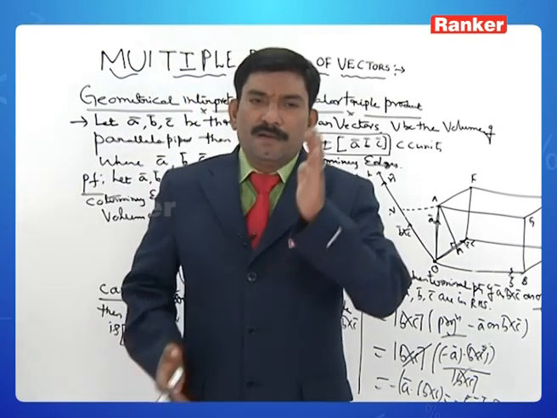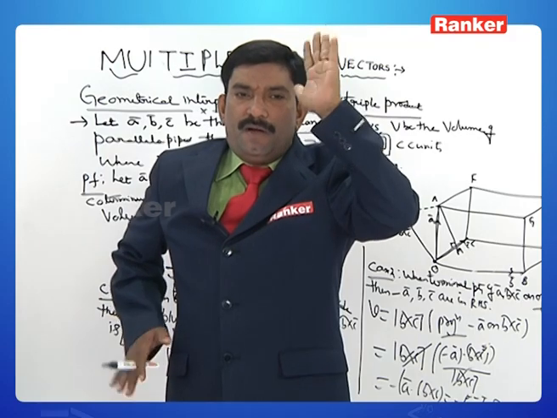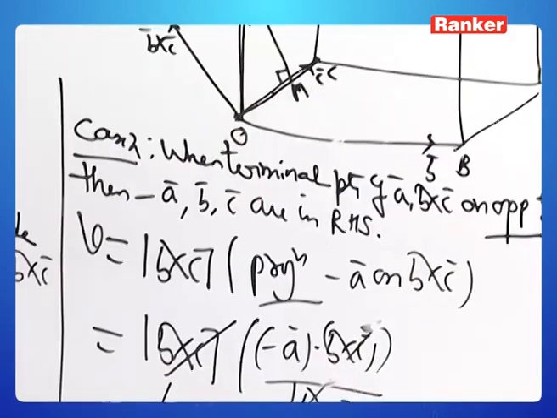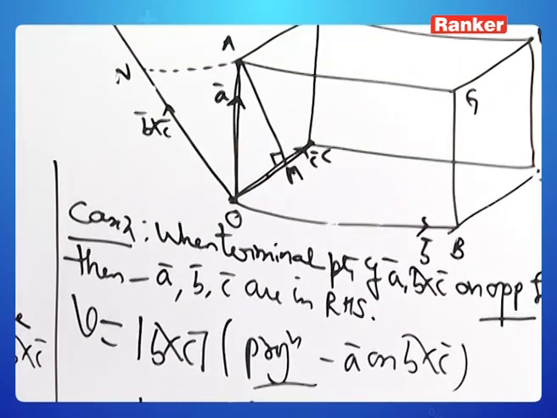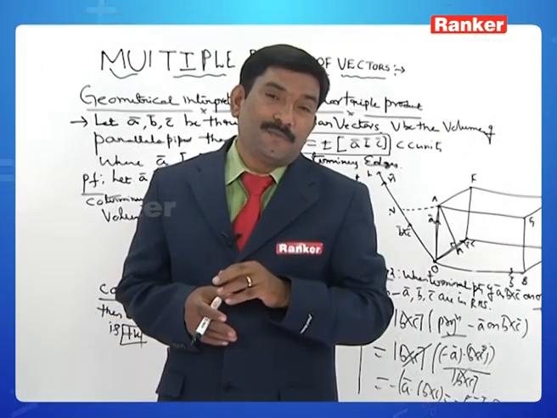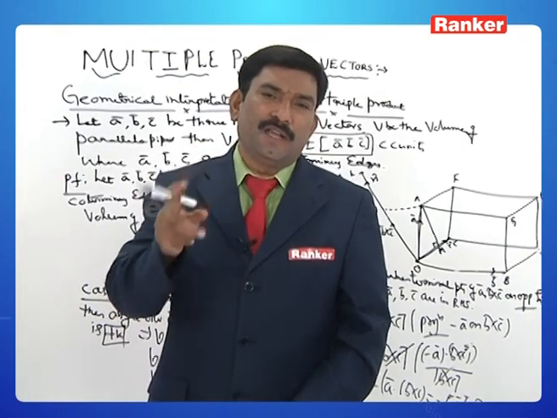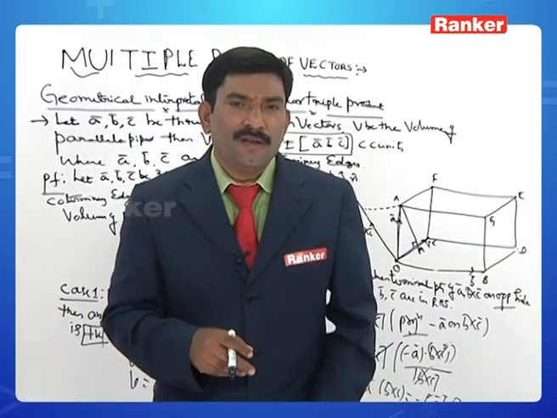Case 2, when the terminal points of A bar and B cross C are in opposite directions, then A bar, B bar, C bar are in a left-handed system. To get them into the right-handed system, you have to change the direction of A bar.